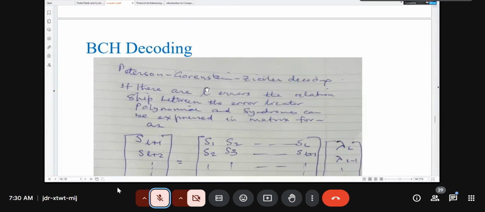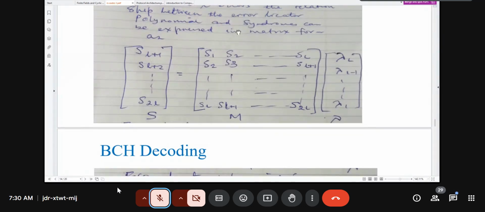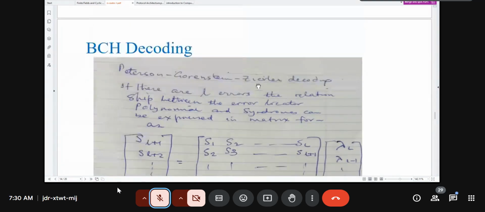It helps somebody understand, because otherwise it means I would be expecting you to clearly remember some of these algorithms. There are many algorithms. I opted to look at the Peterson-Gorenstein-Zierler, normally called PGZ decoding.